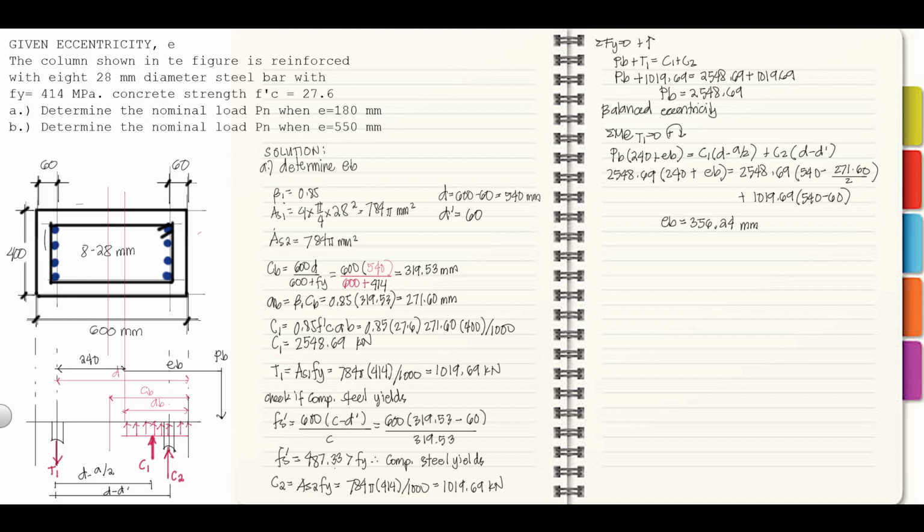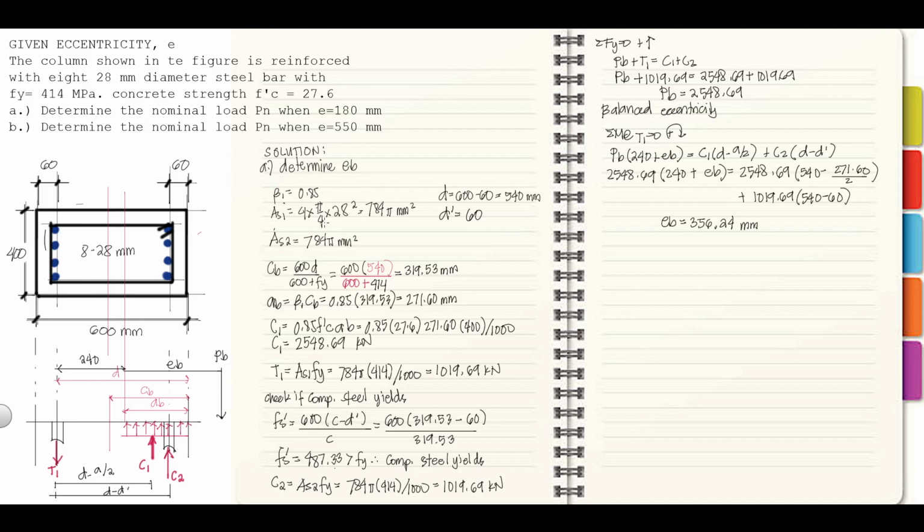Apat na piraso, we have 4, times pi over 4 times 28 squared. So As1 is equal to 784 pi mm squared. And then for the compression bar, the same naman yung number ng bar and also the diameter, so it will have the same value, 784 pi mm squared.